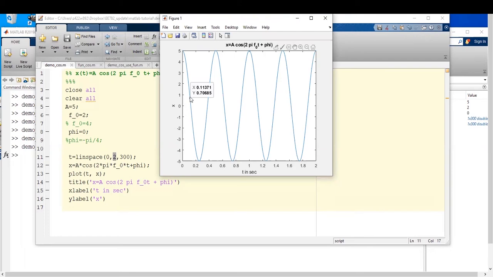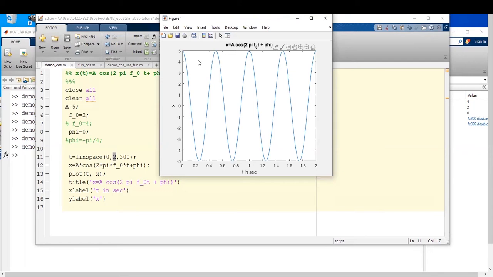Note that in the lab, we normally use the peak to peak value, the P to P value, which means this signal's P to P value will be 10, because the minimum will be -5 and the maximum will be 5. So peak to peak is 10. That's the terminology we use frequently in the labs in this course.